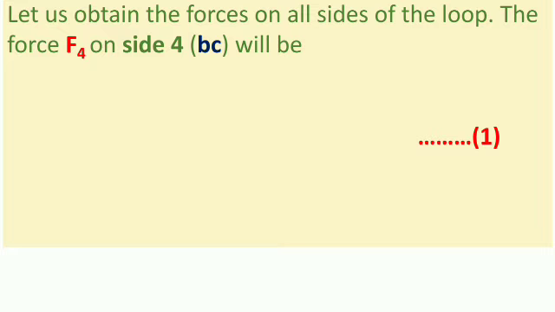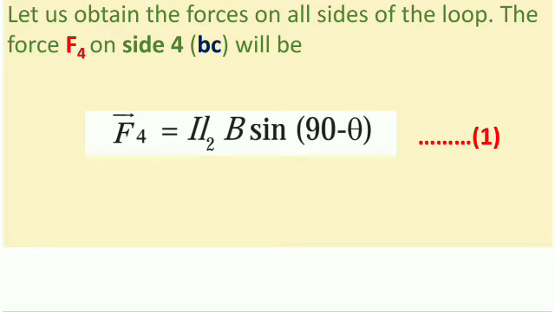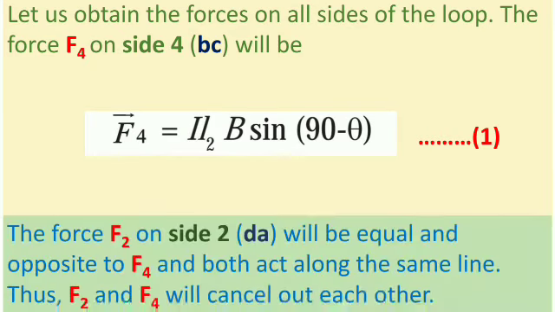The force vector F4 on side 4, that is side BC, is equal to I L2 B sine of (90 minus theta).